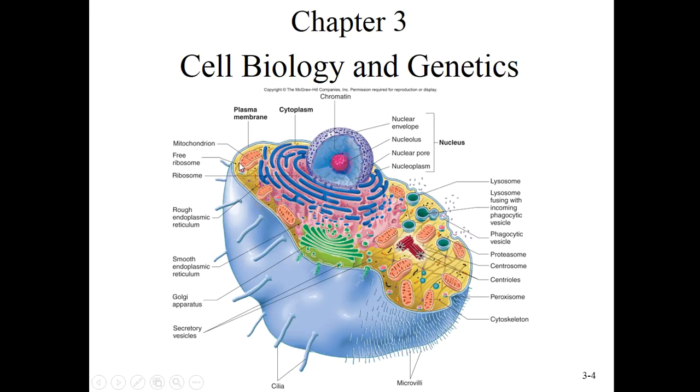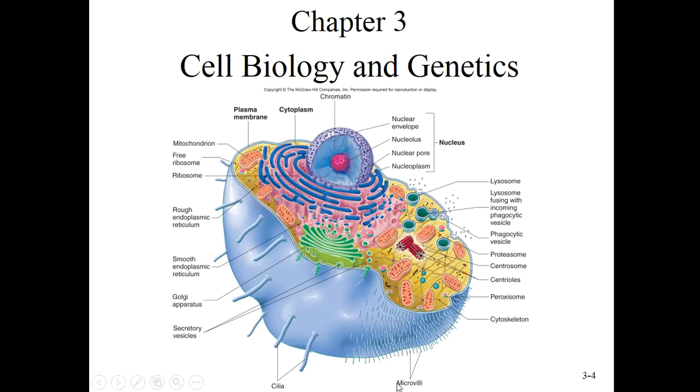Okay, wrapping up this very long description of this one picture, there are a few plasma membrane modifications that you need to know. What the heck does that mean? Well, the plasma membrane is the cell membrane, and it's usually sort of fluid and smooth like a bubble. But sometimes it has these long, wiggly, hair-like structures on it, and sometimes it has these short, fuzzy, hair-like structures on it.